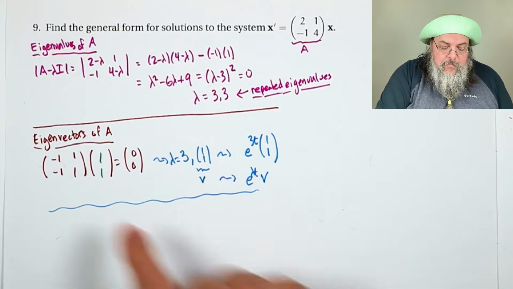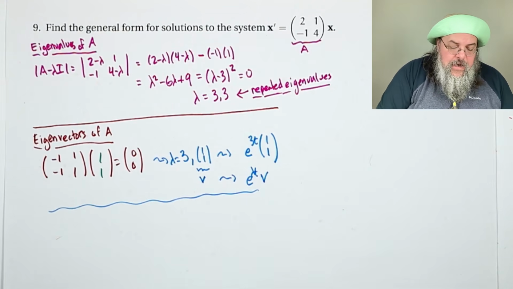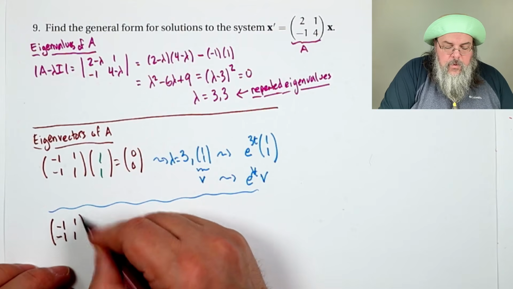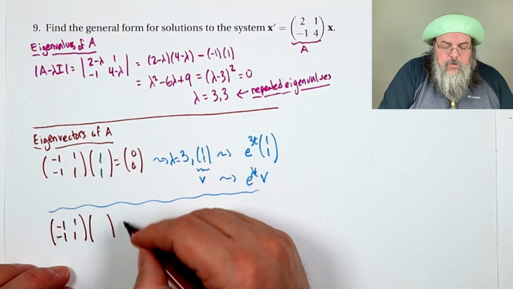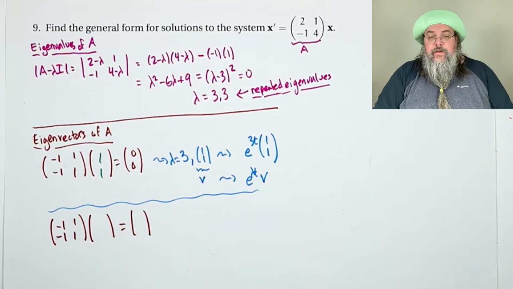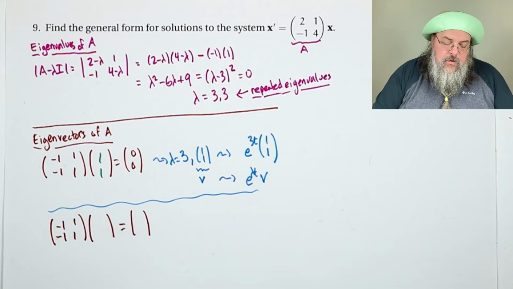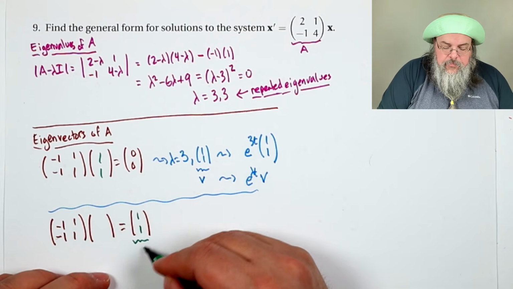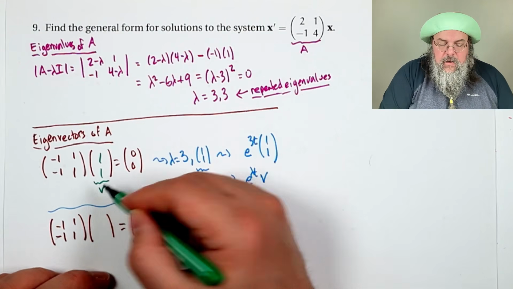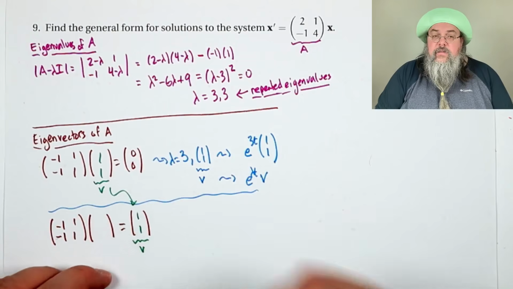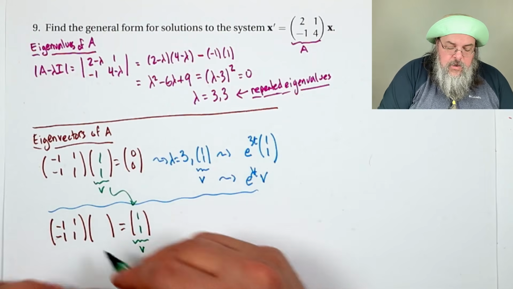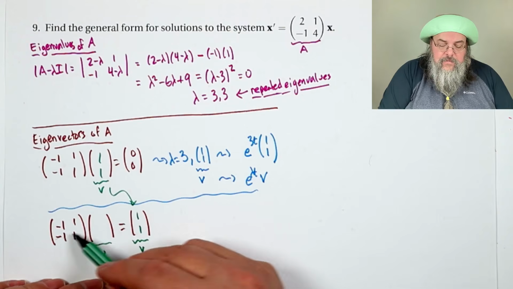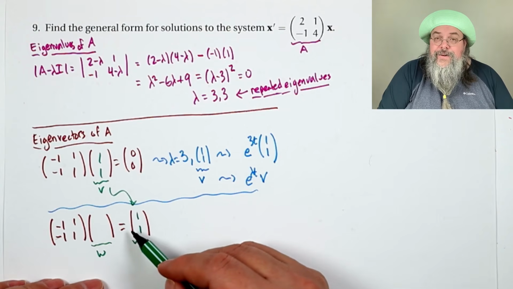Well, we come back to this equation, but now we move this 1, 1 across. Our goal now is to say, here is v. This is our v. Now we've moved it across. We're looking for w.